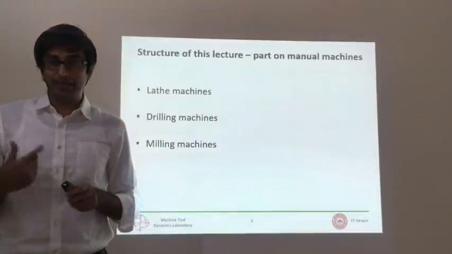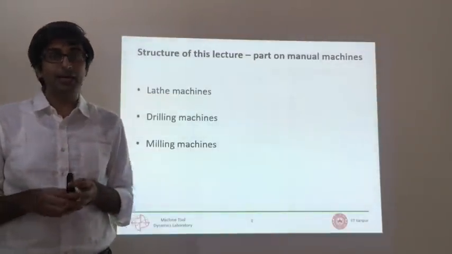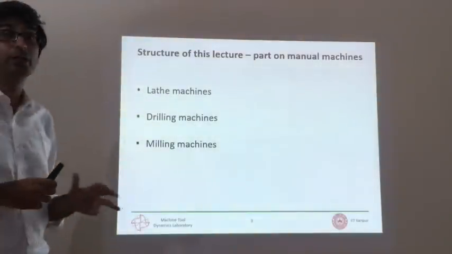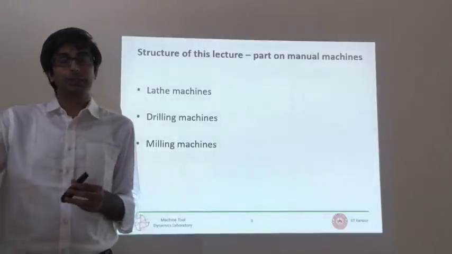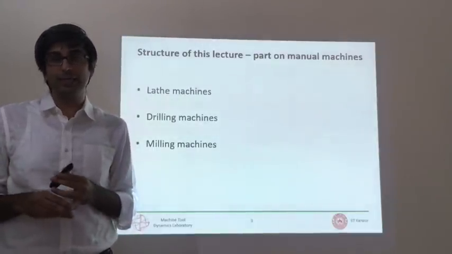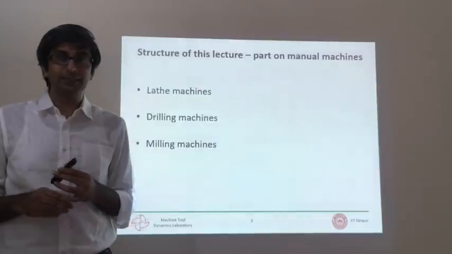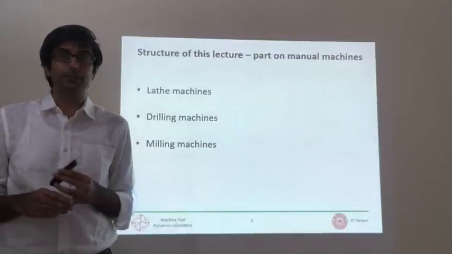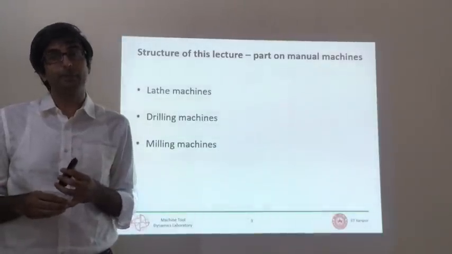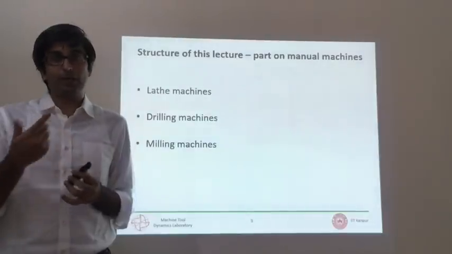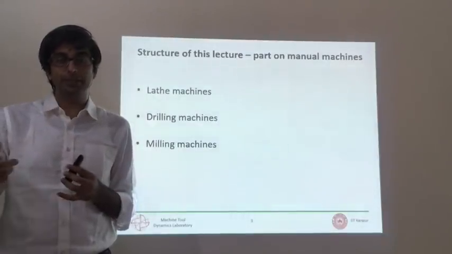When I say manual machines, I mean only 3 machines that we are going to limit our discussions to. These 3 machines I have listed there in the bullets. The first is what is called a lathe machine, or also a turning machine, and what it is capable of you will see soon.